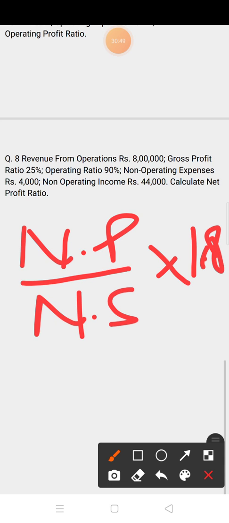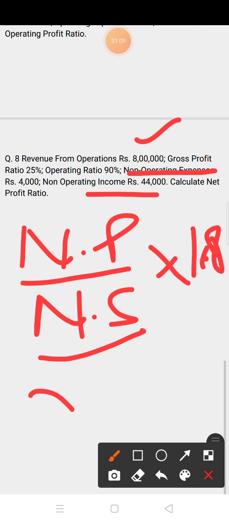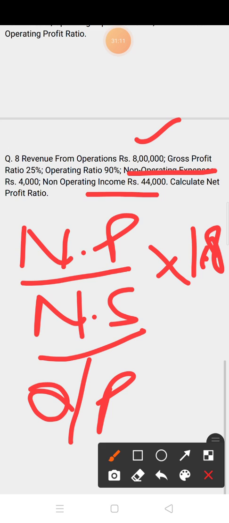So here net sale is already given, that is 8 lakh. Net profit you have to calculate. For net profit the formula is operating profit plus non-operating income minus non-operating expenses.